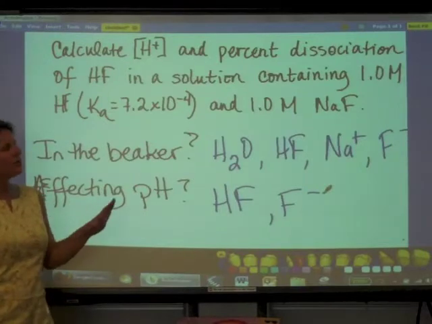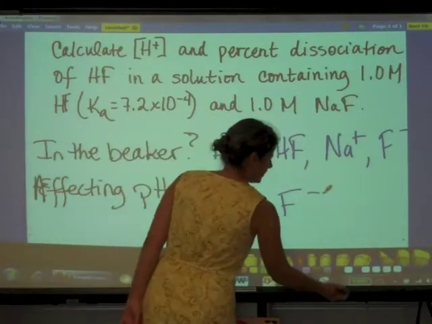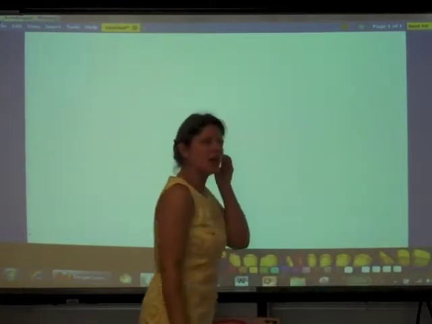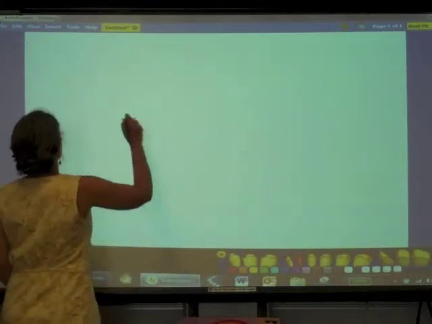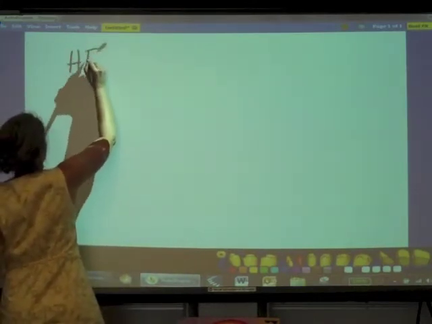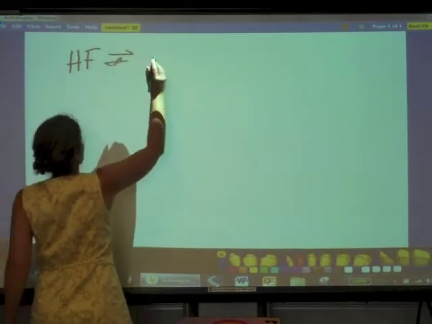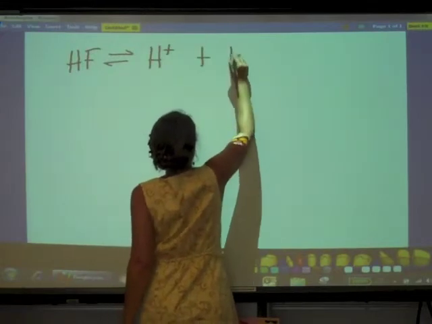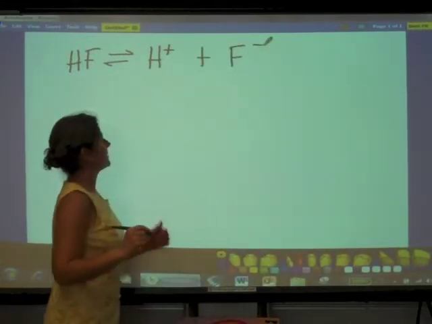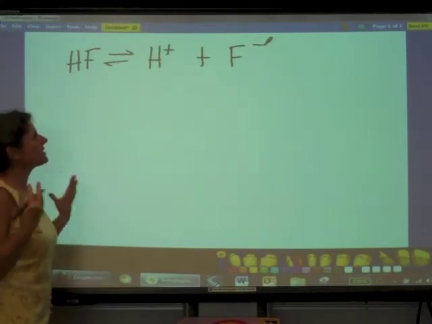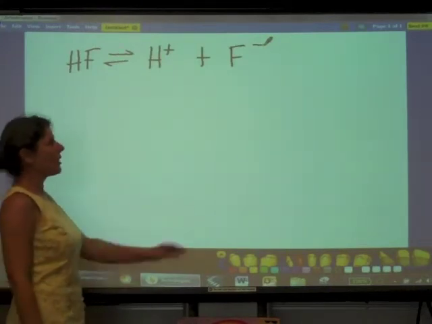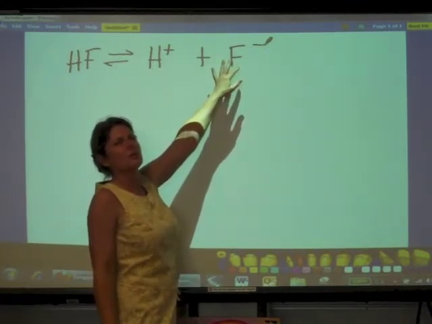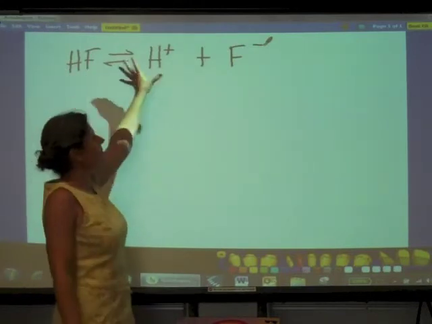All right, so now let's go ahead and write the HF dissociation in water. So we've got hydrofluoric acid going to H plus and F minus. Now, let's just think about this. The fluoride that's in solution from the salt, what's it going to do to this dissociation equilibrium?